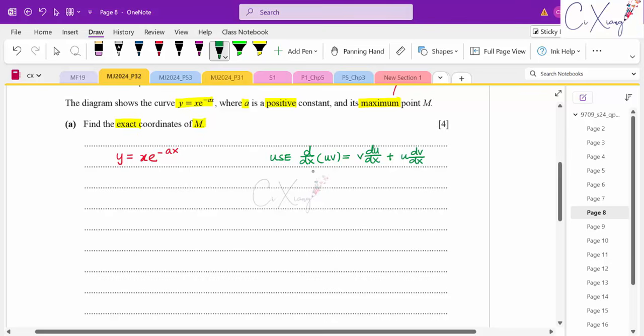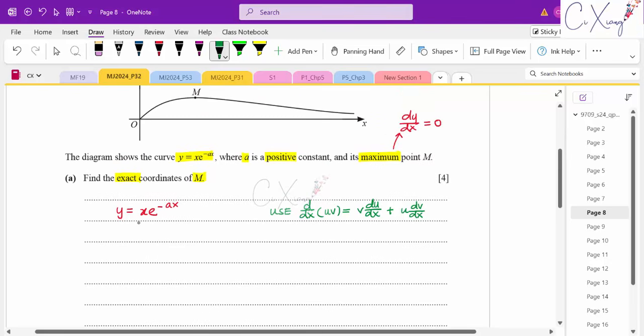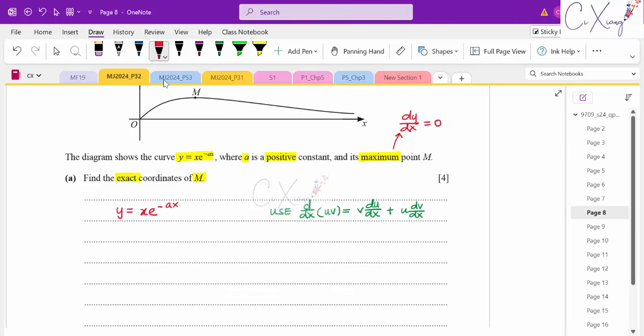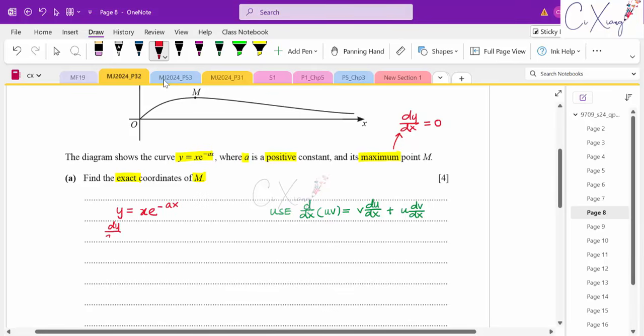Alright, so maybe my first bracket here is the x, then the second bracket will be e power negative ax. So I want to find the dy/dx here. To find the dy/dx, x is the first bracket, so I copy the first bracket, differentiate the second. So differentiate e power negative ax, I get back e power negative ax.